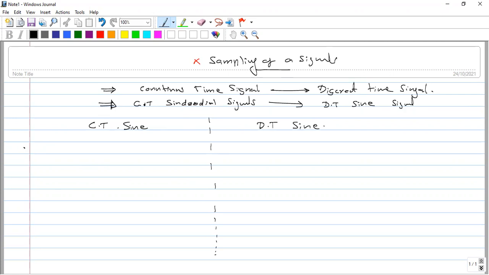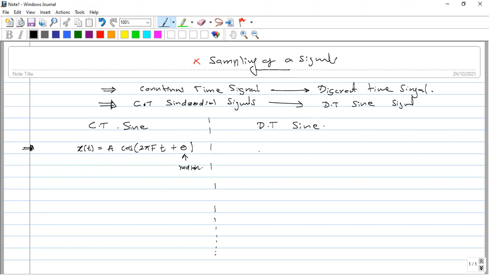The first one is we can represent a sinusoidal signal like this: x(t) = A cos(2πFt + θ), with capital F. This theta is the phase shift and it is measured in radians. This is the time domain representation of a continuous time sinusoidal signal.